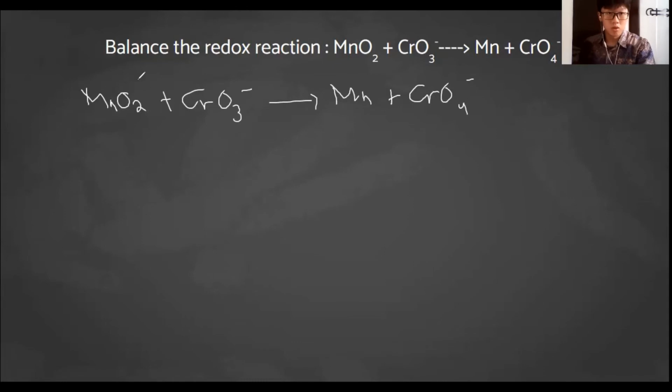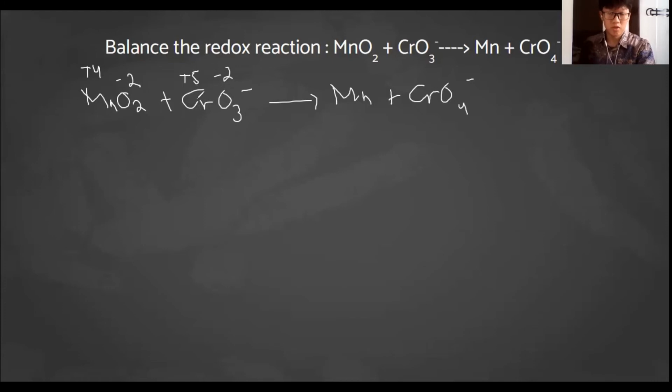Okay, so we assign oxidation numbers. So here oxygen has -2, so manganese has +4 charge, and here oxygen has -2, and -2 times 3 will be -6, and chromium, since this has a negative charge, this will be a +5.